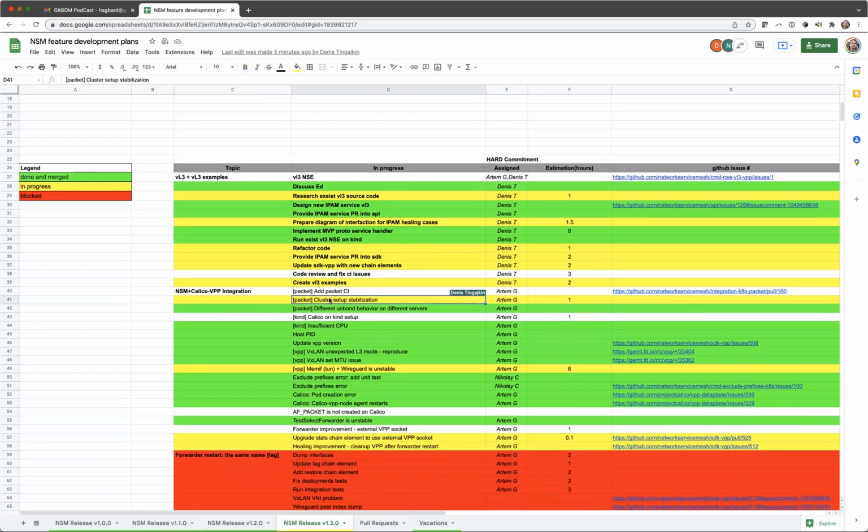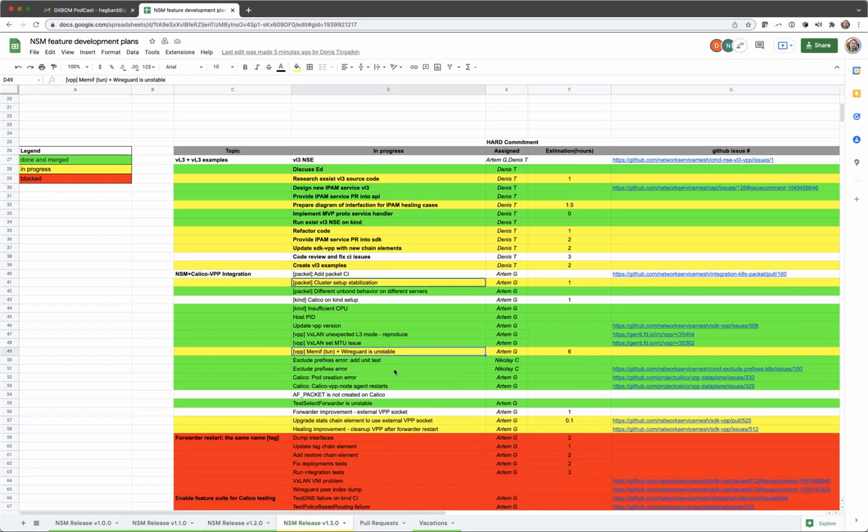And then we've got the Calico NSM integration. So Artem, you're saying something about MemIF. Oh, this is the MemIF WireGuard. So what's going on with MemIF TON and WireGuard instabilities? I saw that sometimes ping is not working.